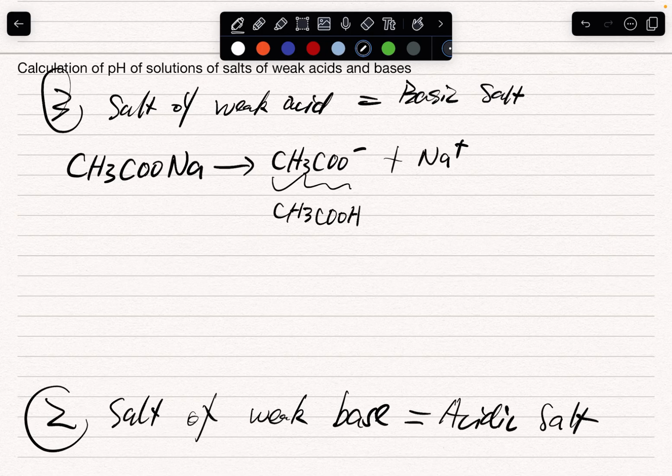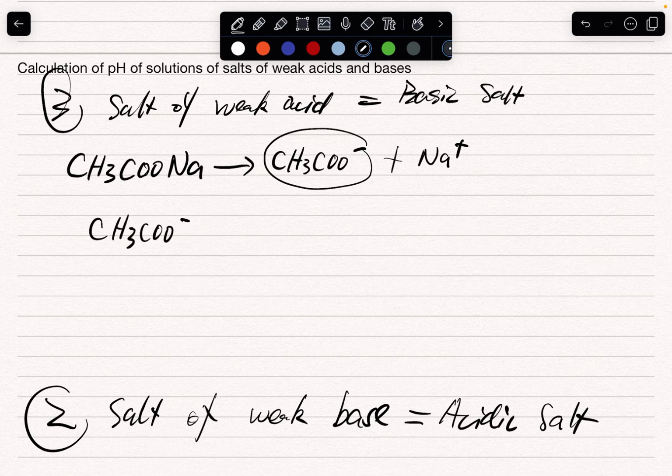It's from this weak acid. So this conjugate base, we cannot ignore its basicity, right? So it's a basic salt. And because we cannot ignore its basicity, we know that this thing that has basicity will just react with water like the usual weak base would do, right?